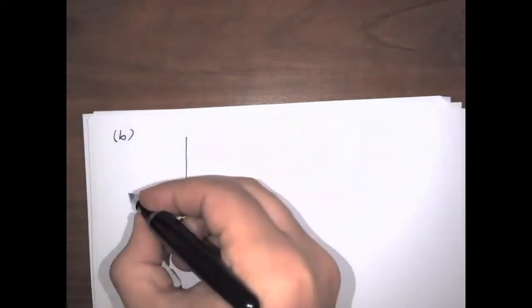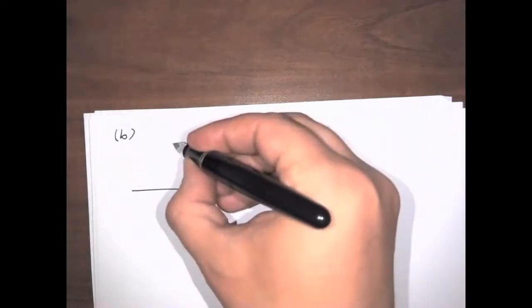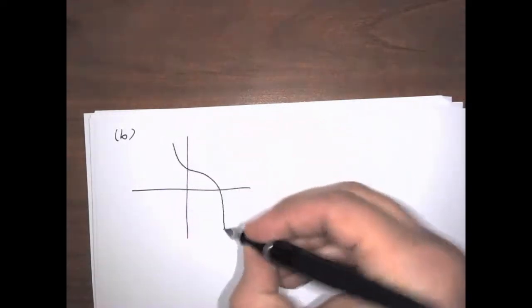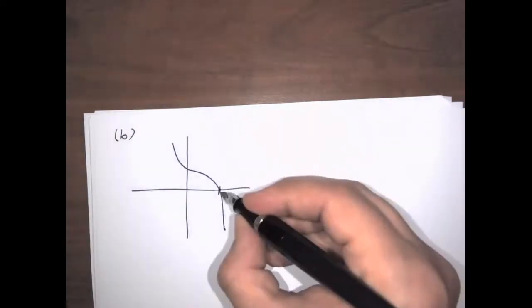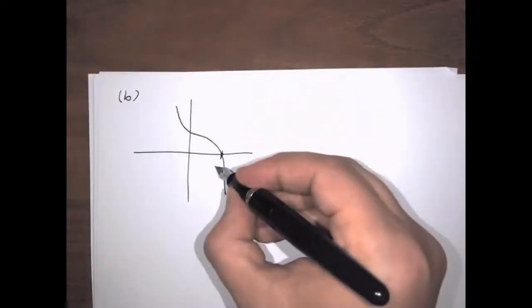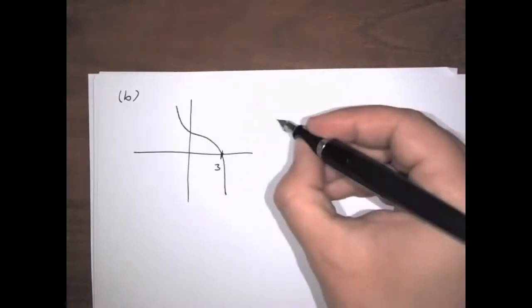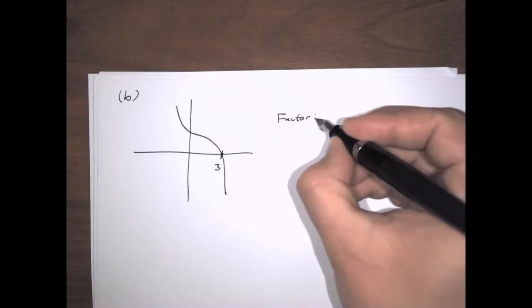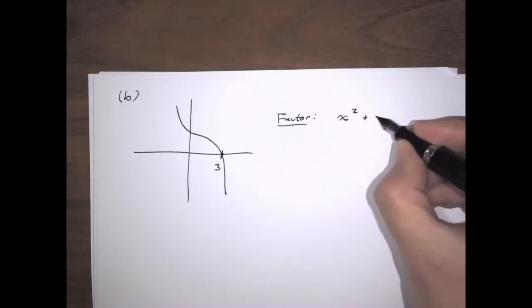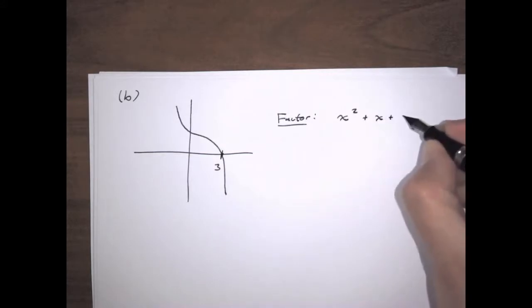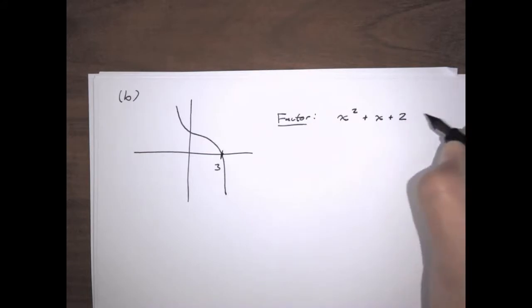Alright, let's try this one more time. This time with a coefficient that's not going to equal 1. So let's say that the graph that we have looks like this. So we'll have a 0 here of 3, and we'll say that there is a factor of x squared plus x plus 2.